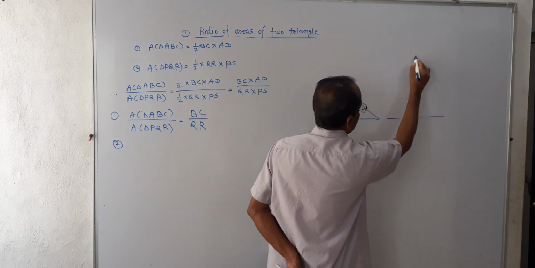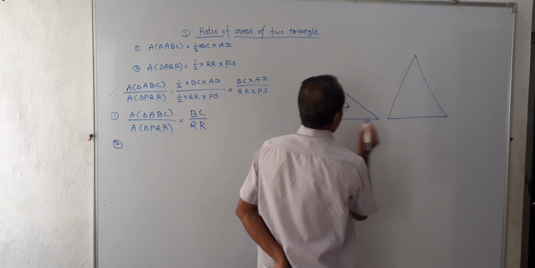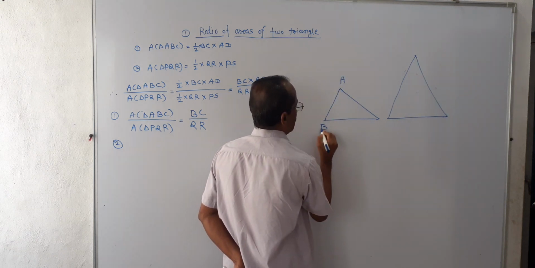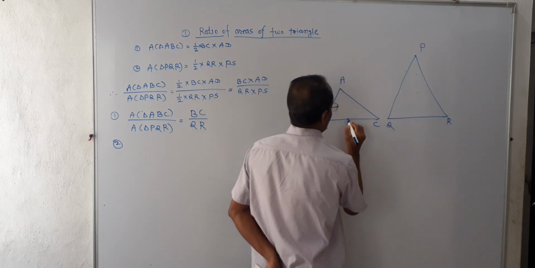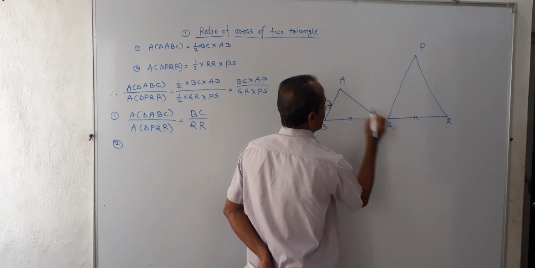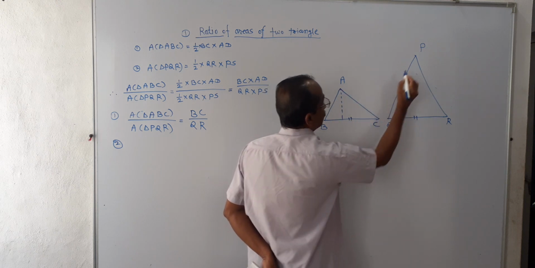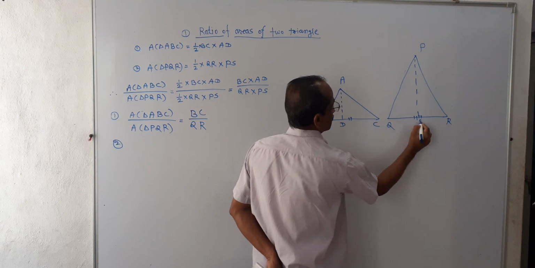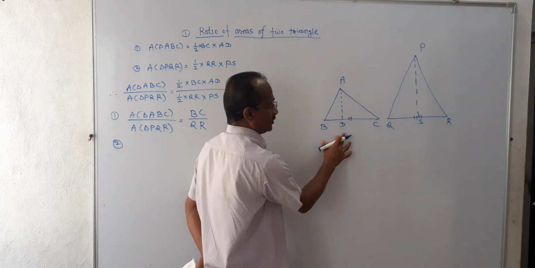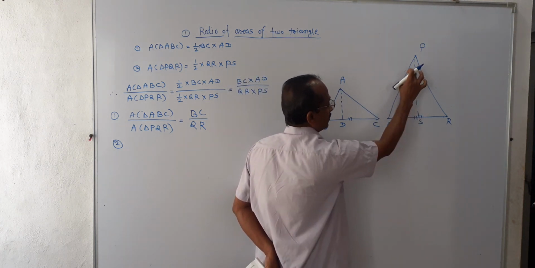This is triangle ABC and triangle PQR. Base BC and base QR are equal and they have different heights. AD is the height of triangle ABC and PS is the height of triangle PQR.